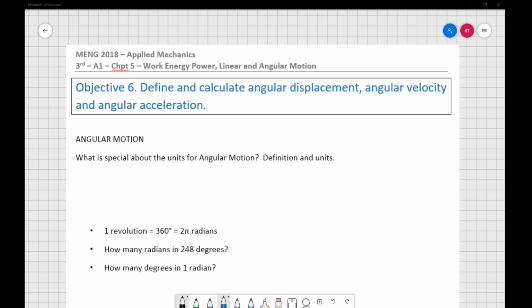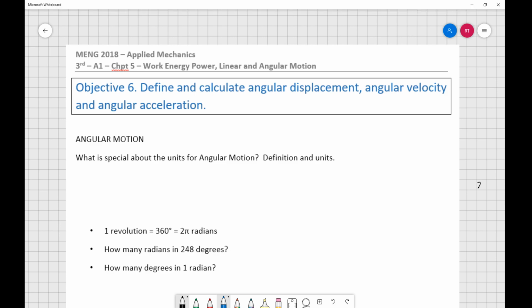The first thing we have to know is that when we talk about angular motion, we're talking about rotation. When we talk about circles, we have a bit of language that we use: one rotation, 360 degrees, some things we may use to describe rotation with a circle.